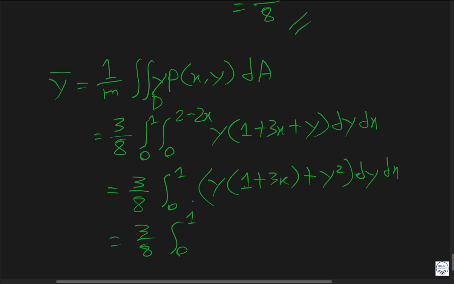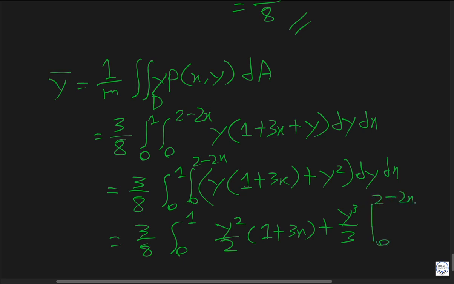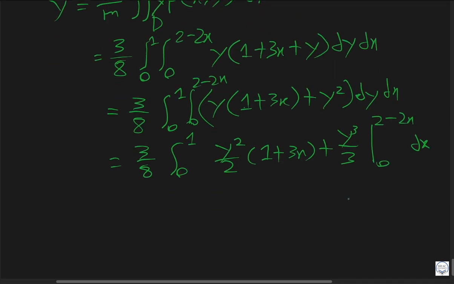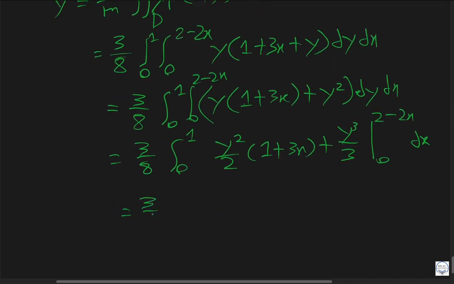Oh, sorry, there will be a 0 to 2 minus x. We still haven't done the integration. So now we integrate the y part, keeping anything in x constant. So we will have y squared divided by 2 times 1 plus 3x plus y to the power 3 divided by 3, and we take the limit from 0 to 2 minus twice x times dx.